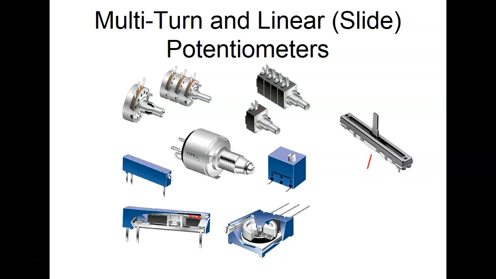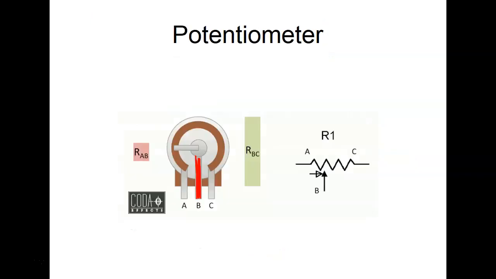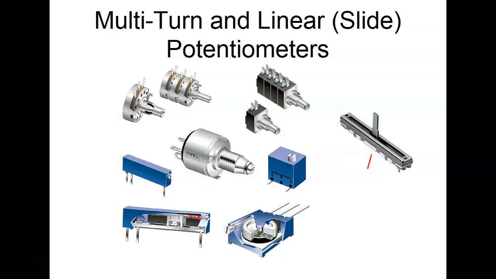So this is the feature most multi-turn pots work on. We saw one that was actually a single-turn pot, but they geared the wiper. I think for every 5 turns, this thing would move the distance a normal 1-turn pot would.